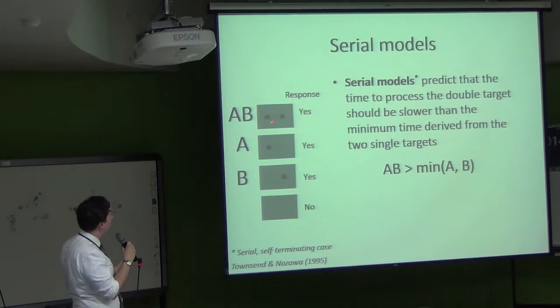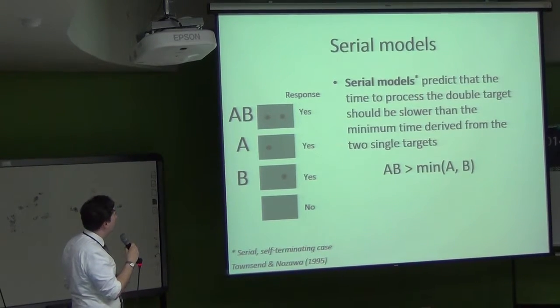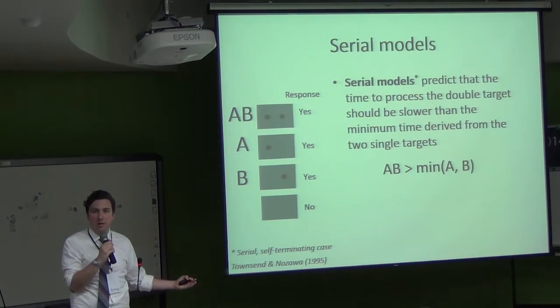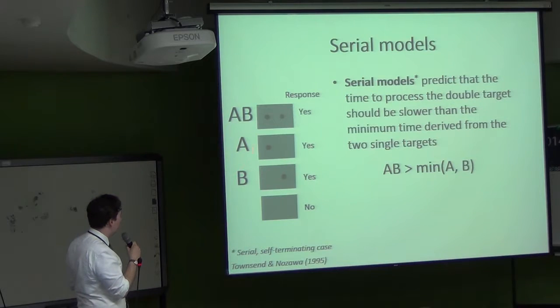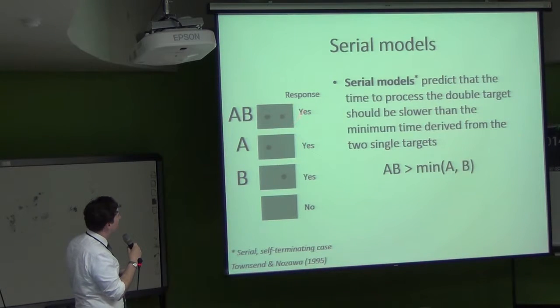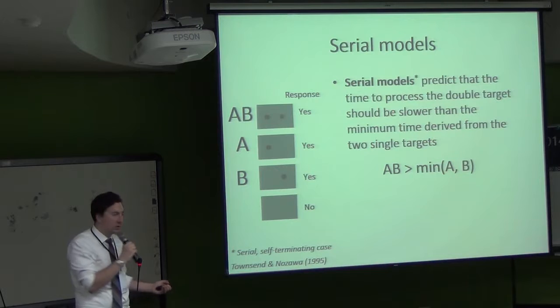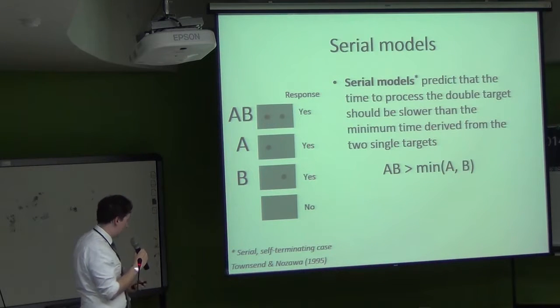So as soon as you detect either of these particular onset of these dots, you'll stop making a decision and emit a response. So the response time for the double target should just be the time it takes you to process one of these dots, which is equal to one of the single targets, but that's slower than the minimum time you derive from both.